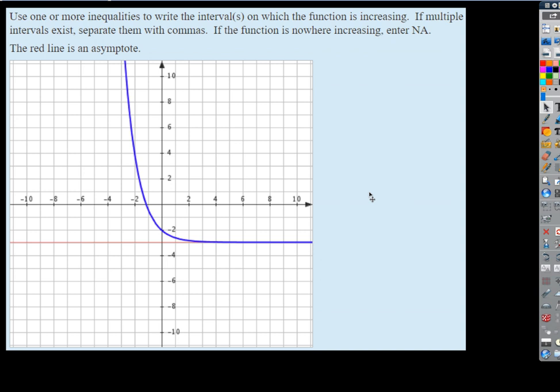Remember, when we're talking about the behavior of a function, we're always assuming that we're moving in the positive direction, meaning an ant walking from left to right. Where would he be walking uphill? Nowhere, right? So what's the answer then? If there's no place where this function is increasing, it'd be NA, right? That's the one I just fixed.